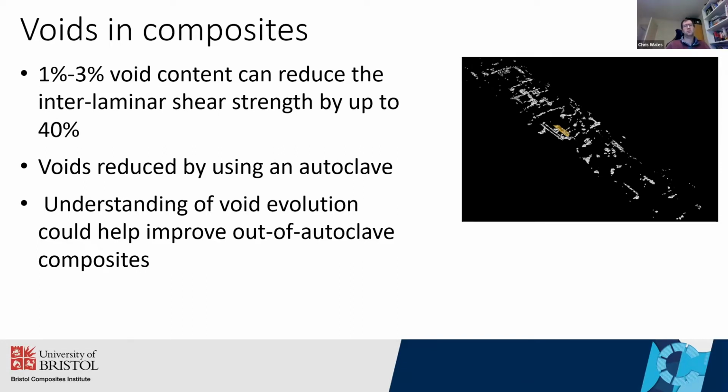So what we want to do is look at modeling the void evolution over the curing cycle, so we can better understand what parameters affect it, and then eventually look at how we can optimize out of autoclave composites to reduce the void content.